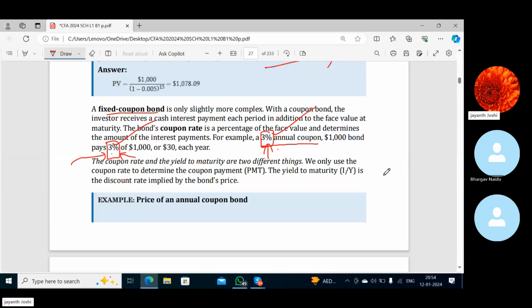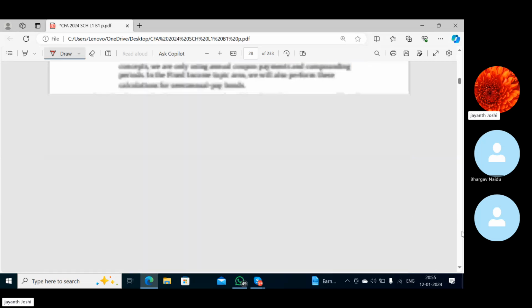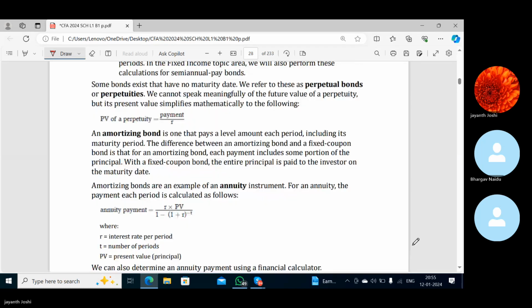That means your I/Y will be the discount factor, and PMT will be the coupon payment. So I will again repeat, these are the calculator functions. I will write it here. You should be following. Always, PV is the present value.